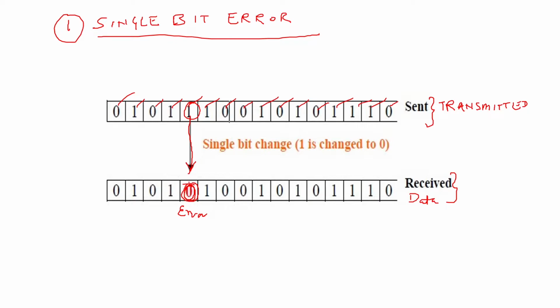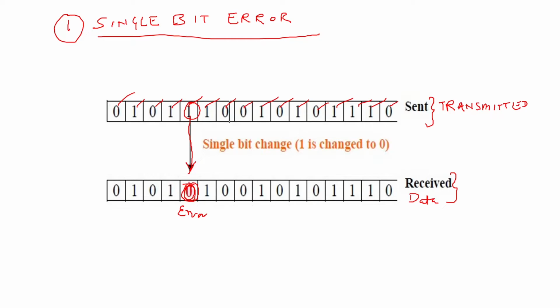A single bit has been changed. Either 1 is changed to 0 as shown in the figure, or sometimes 0 is changed to 1. So anything can happen. This is mostly seen in parallel transmission, and it is very rarely seen in serial transmission. When you send many bits together at the same time, it is called parallel transmission.